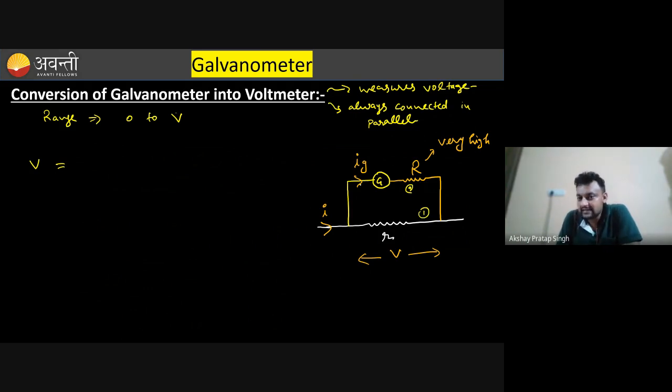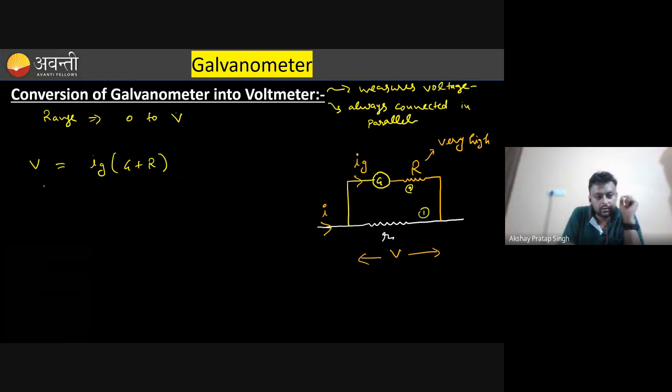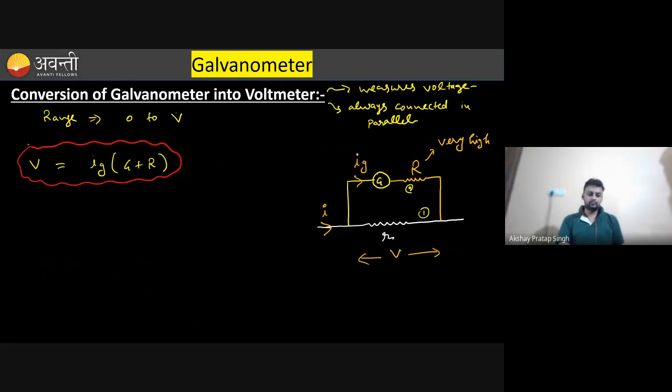And branch 2 has current Ig. How can you write the potential? Potential is I into R. What is the resistance of this branch? This branch has two resistances, one is G, another is R. So total resistance is G plus R. This is the golden equation for the conversion into voltmeter.